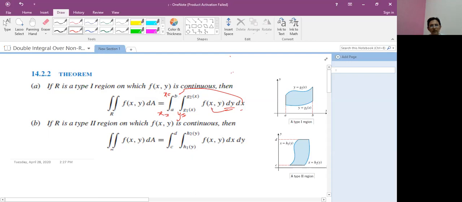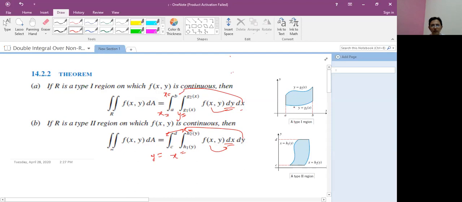That's why this type of integral is called type 1 region. Now type 2 region: if the function is multiplied by dx and the limit of x is h1 of y to h2 of y, it means the limit of x is in terms of y and the limit of y is constant. That's why we call it type 2 region.